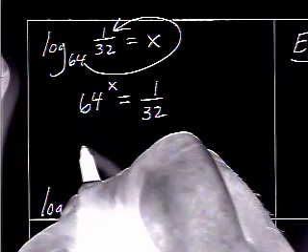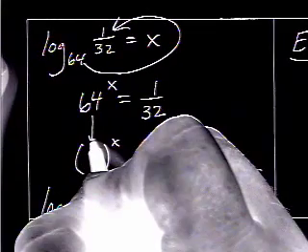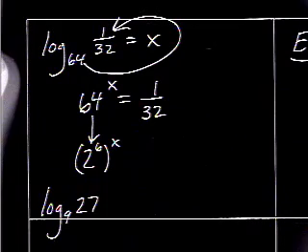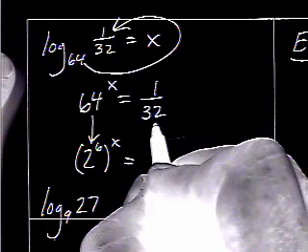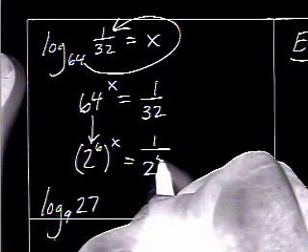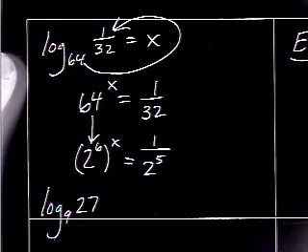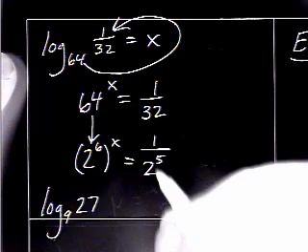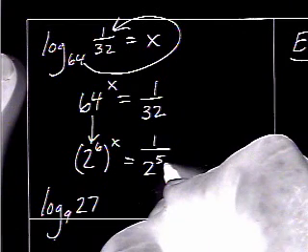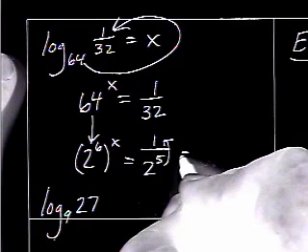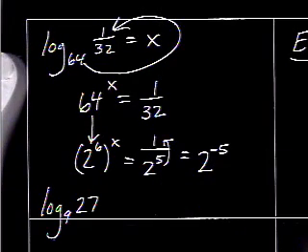So 64 is 2 to the 6th power. 32 is 2 to the 5th power. Now, what do I do in order to get this base to flip over or to move this to the top? That's right, negative exponents.